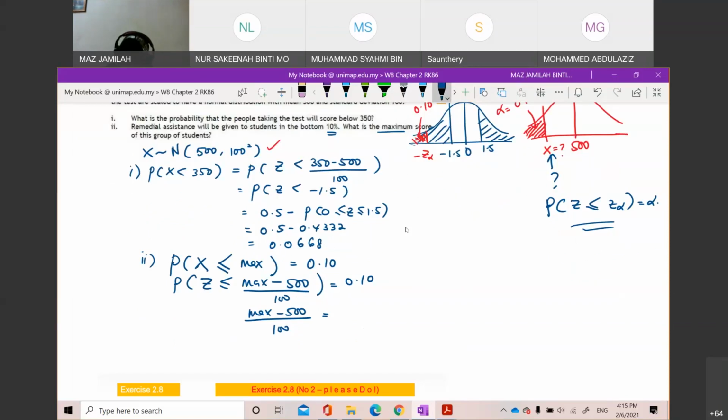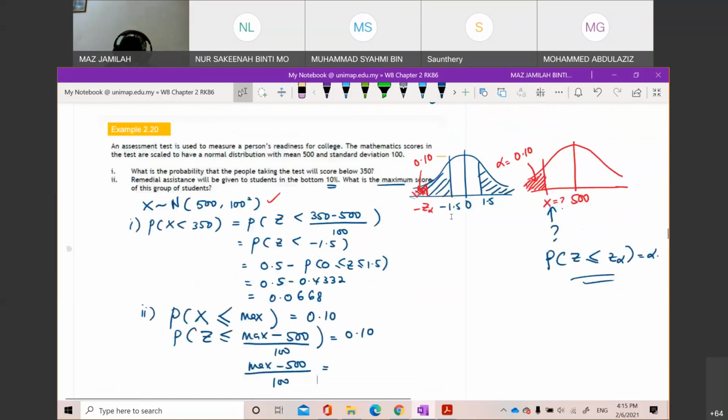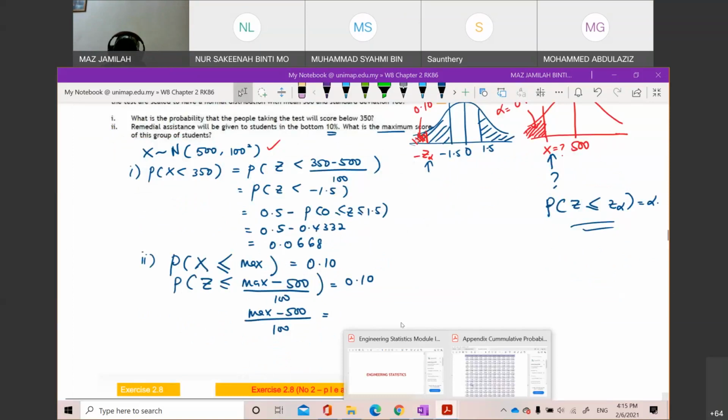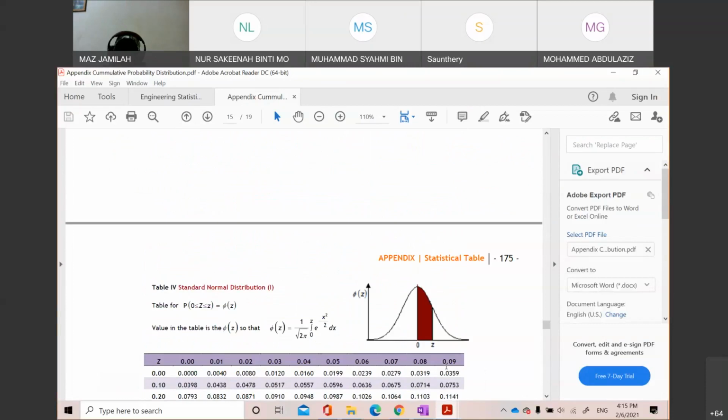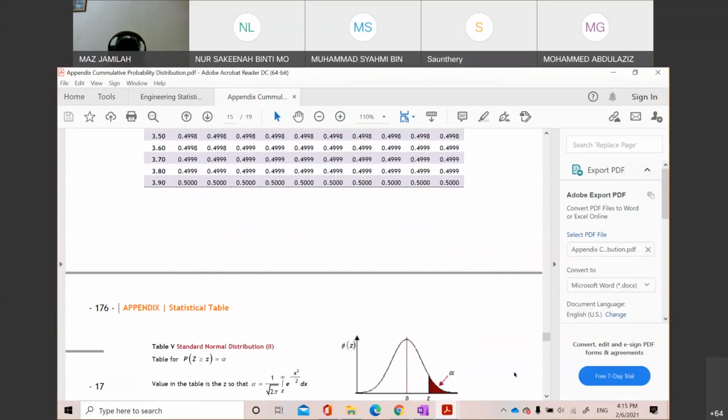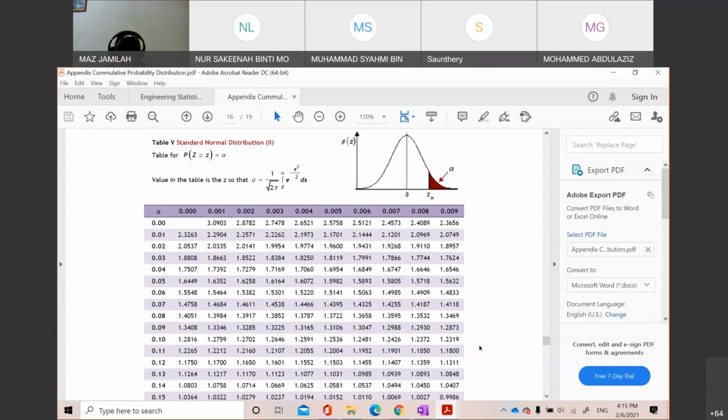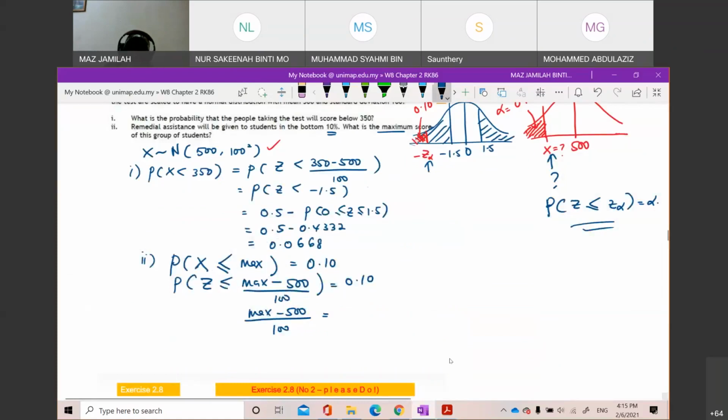For alpha 0.10, what is my z alpha here? Look for your upper tail for 0.10. So this is your value, 1.2816. It is negative, because obviously it is among the lowest scores, which is less than 0.